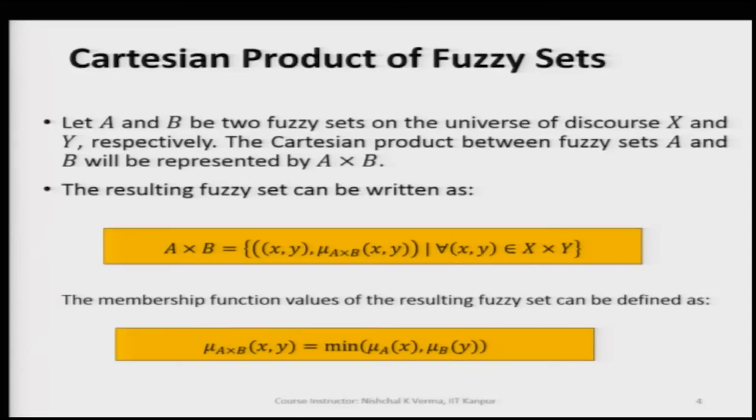The resulting A cross B is going to take the form of a fuzzy set.